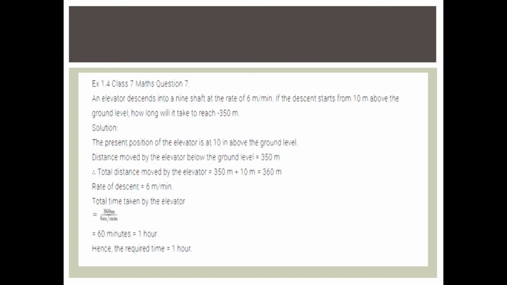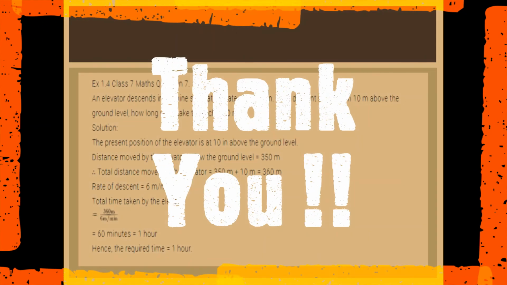So total distance moved by the elevator is 350 plus 10 meters, that is 360, and rate of descent is 6 meters per minute. Time taken by the elevator is 360 divided by 6, that is 60 minutes. 60 minutes equal to 1 hour. So required time is 1 hour.